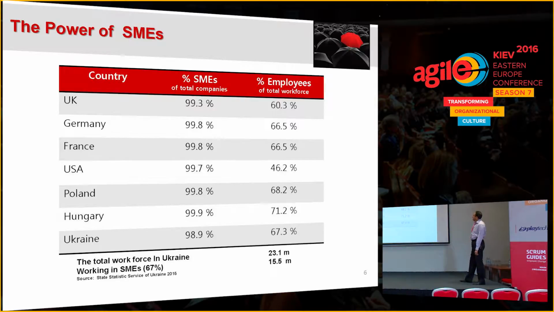And the employment at the same time is around 60% to 70% of the total workforce employed by small and medium-sized companies. Here in Ukraine, we have 23 million as a workforce, and those working in SMEs are about 15.5 million. That means more than 67% of them work in this sector of companies.